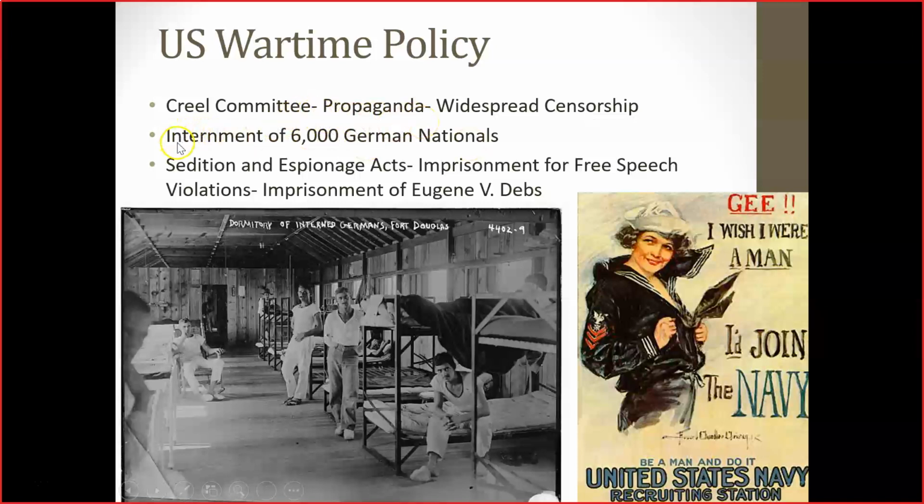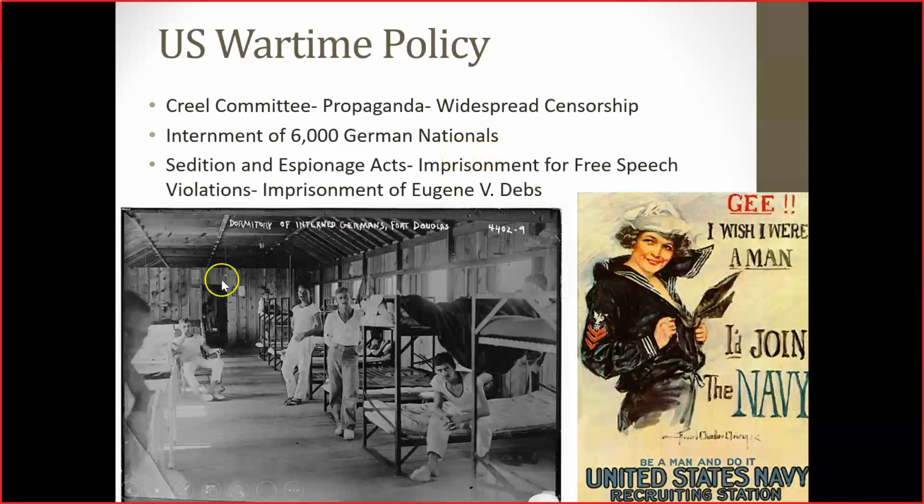Do Americans or nationals living in the United States, are their constitutional protections, their constitutional rights being infringed by an internment program? Does the United States have a constitutional right to imprison people simply because of their national identity? These are big questions for the United States at this time.